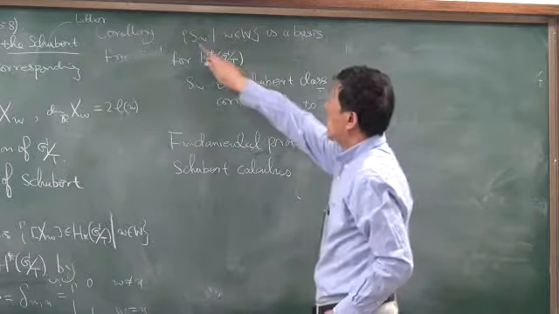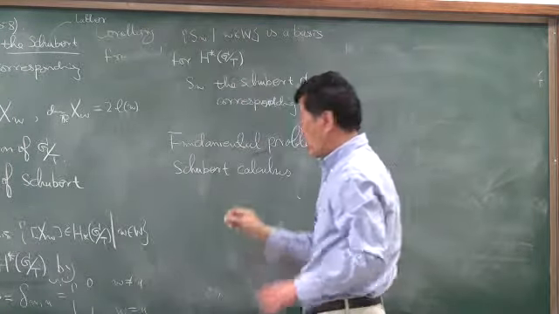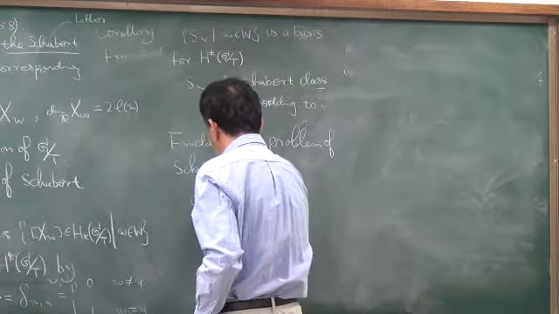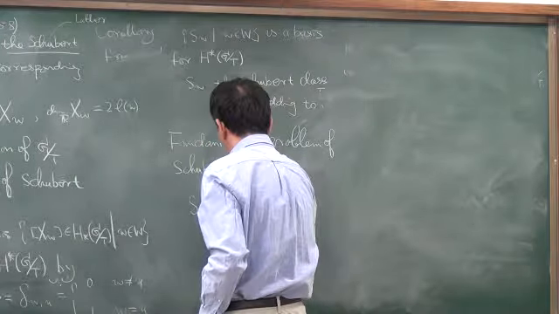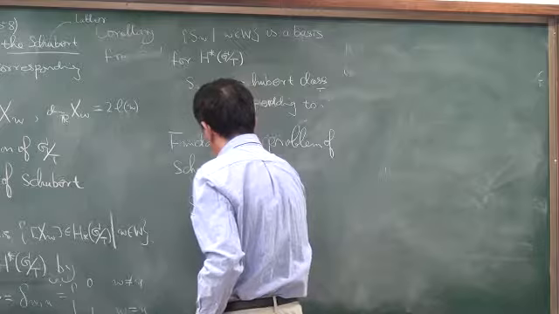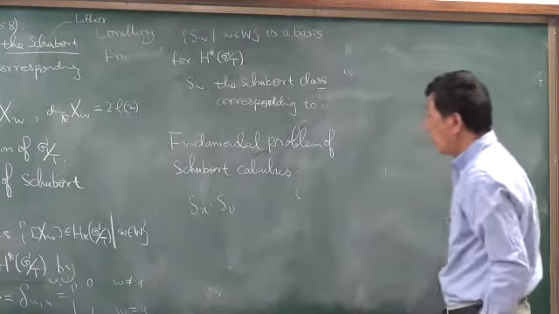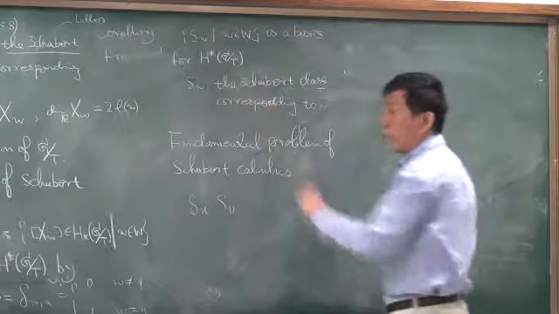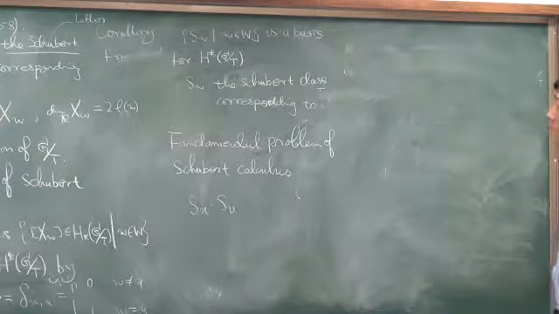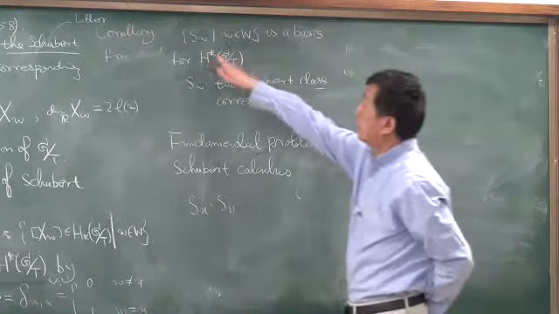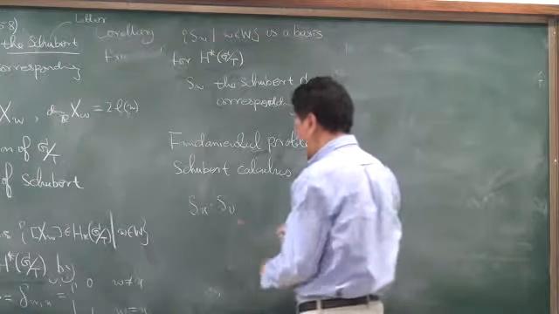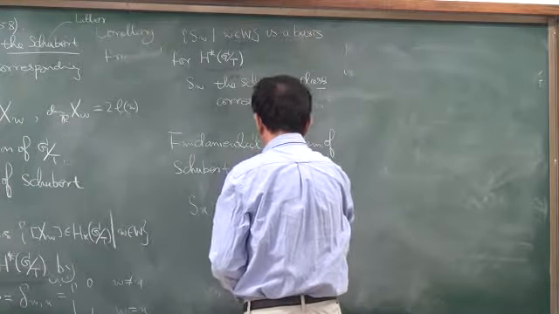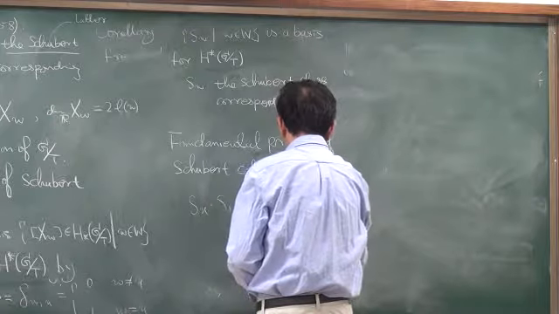Let us take two arbitrary Schubert classes, S_U and S_V, and consider their product. Their product is again an element in this cohomology. But this cohomology has a basis, so we can expand this in terms of basis elements.